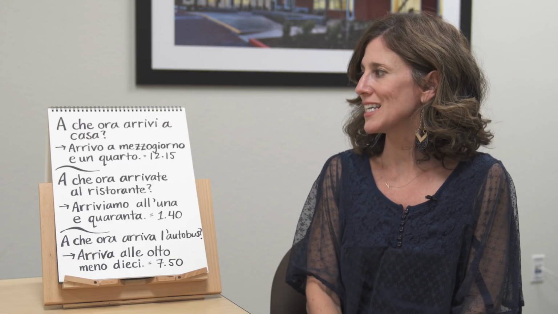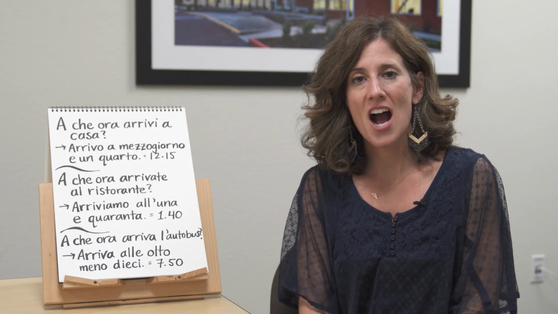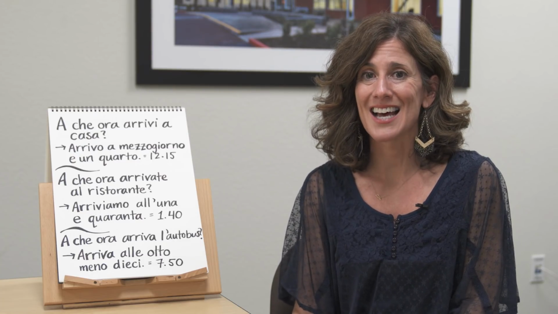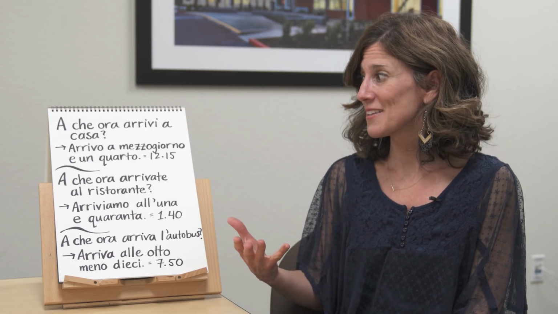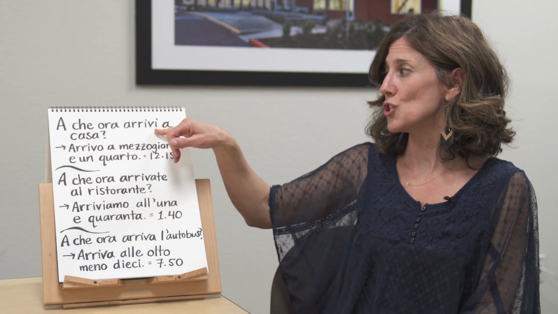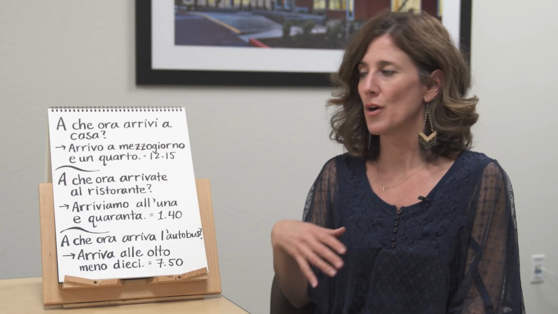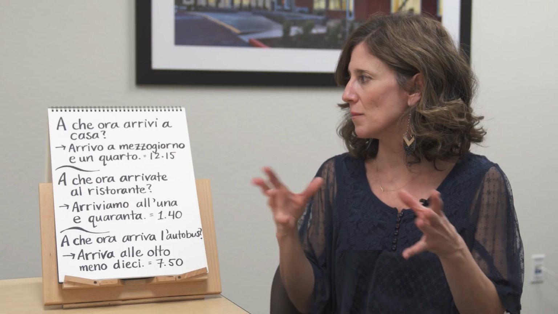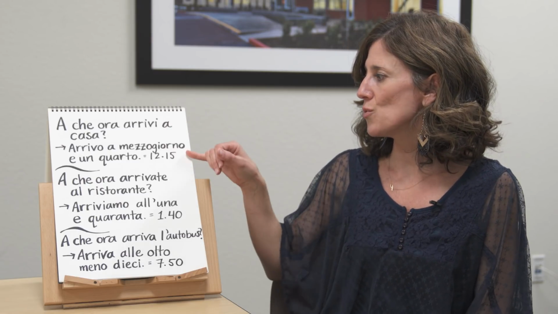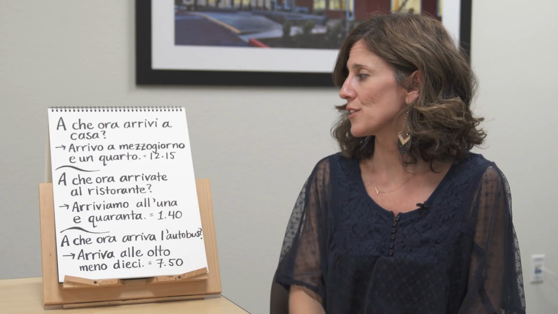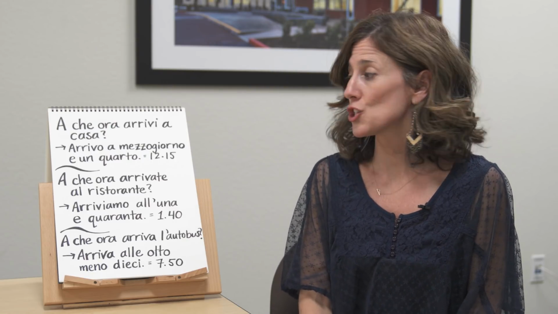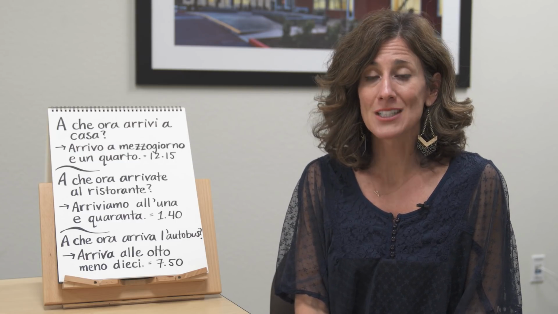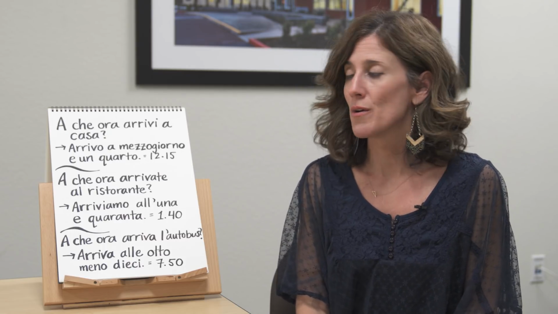So the first question is, a che ora arrivi a casa? And that means, at what time do you arrive at home? All the A's that we've used so far in this chapter, for the letter A. And you could answer, arrivo a mezzogiorno e un quarto.